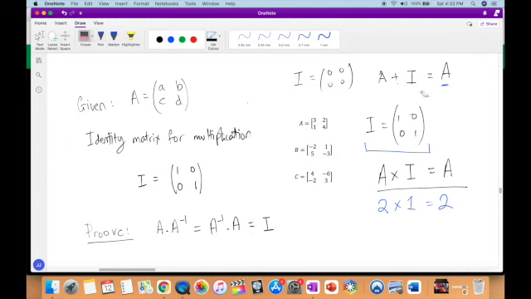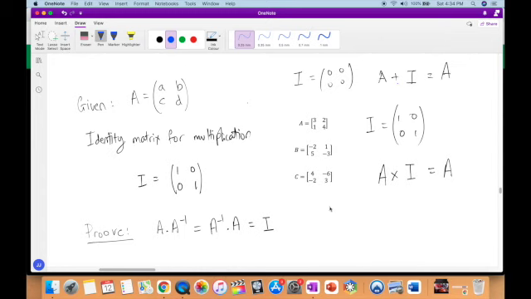But when it comes to multiplication, we have another really important thing.